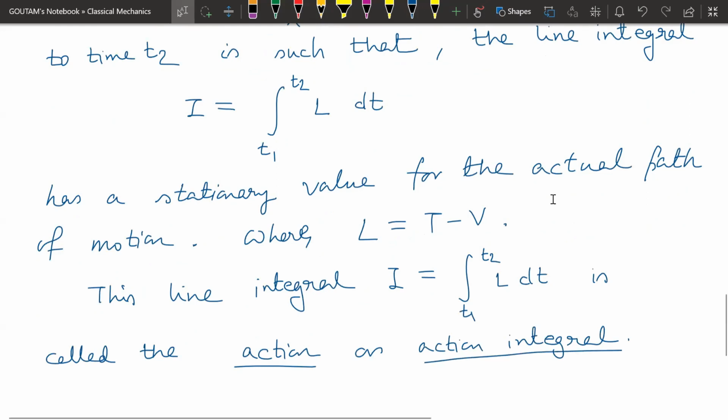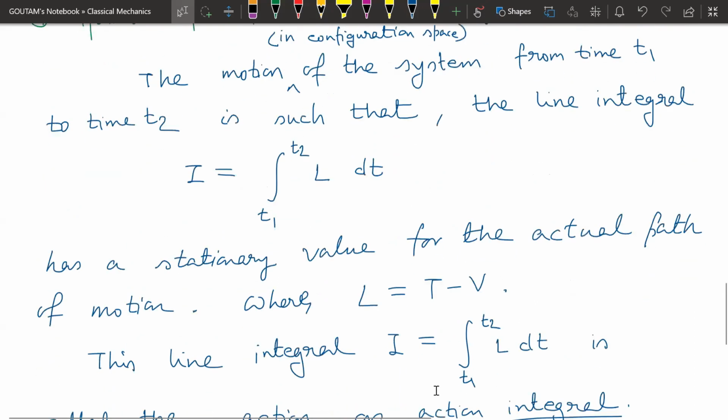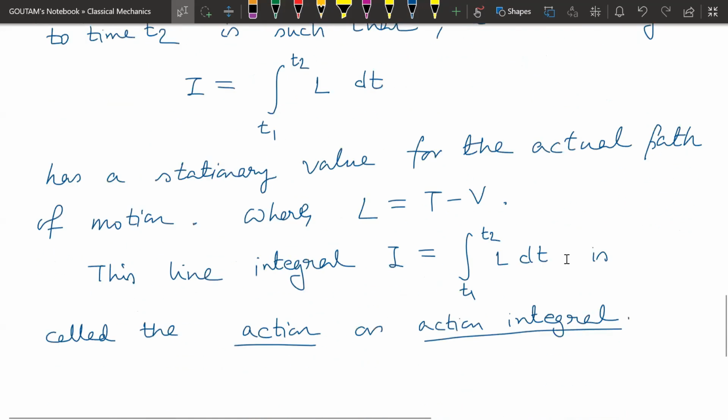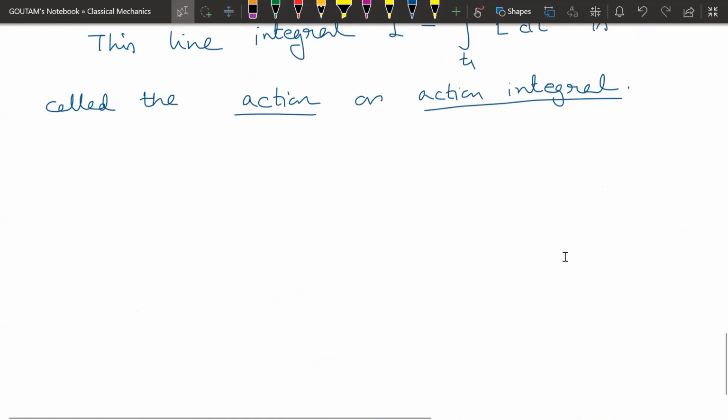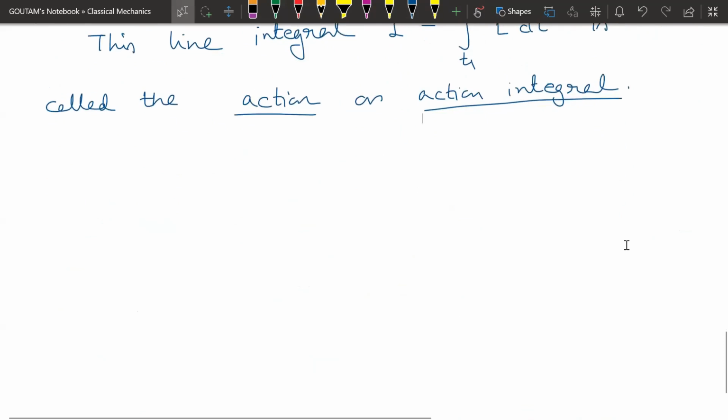So the Hamilton's principle says basically the motion of the system from time t1 to t2 is such that the action has a stationary value for the actual path of motion. So now what do we mean by the stationary value? Let's understand that.